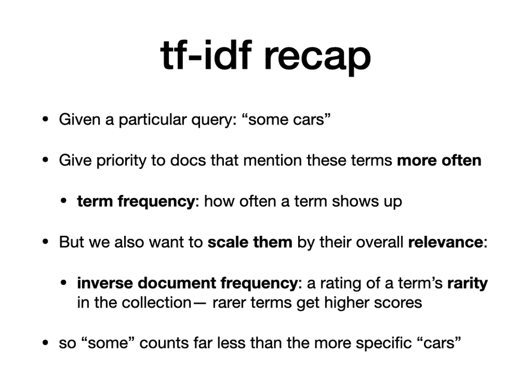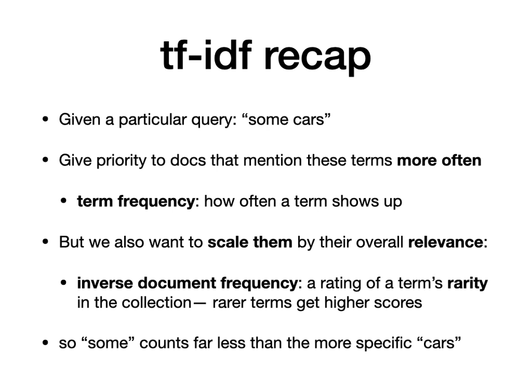So, as an example of that, some is not going to do that much work. It'll do a little bit of work to help us find documents that are relevant, because only certain documents will probably use this particular phrasing. And then cars, well, if this is a database of cars that we're trying to build a search system for, that's not going to be very informative.